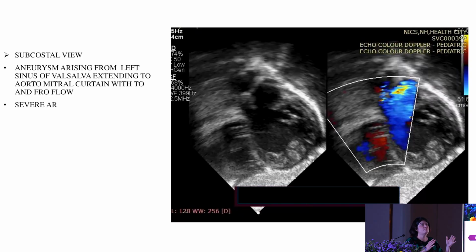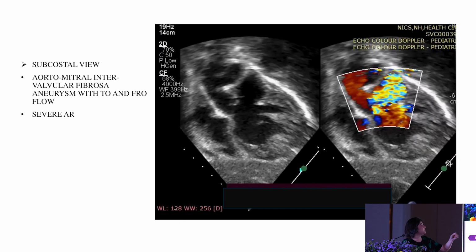So that has become wide mouth. Got it now? So much more clear image. If you can see this is a little clearer image, and you can actually see the aneurysm continuing into the intervalvular fibrosa. Okay.